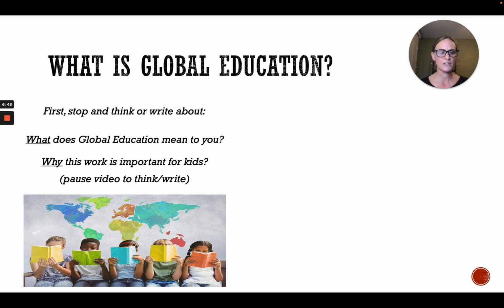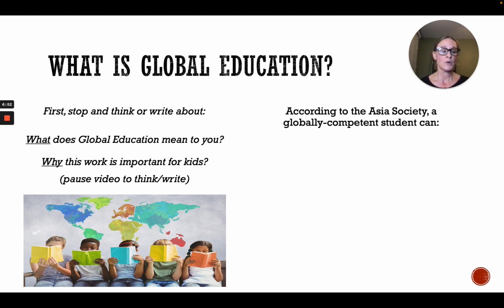And now let's compare it to what's out there for global education. So according to the Asia Society, which is one of the leaders in global ed, a globally competent student can investigate the world. So it's learning about the world and the people in it. So it's cultures, it's language, it's geography.